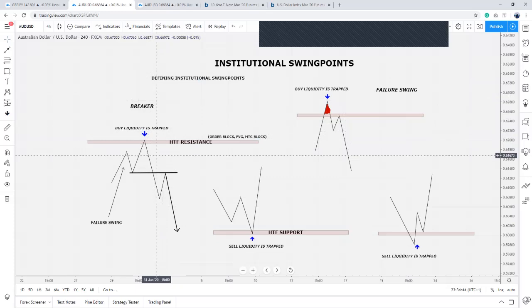So you want to see a quick reaction of that level, okay? Because the central banks are going to look to quickly reprice the market lower away from that level. Because what price is simply doing is jumping up to pair up sell side orders with buy side orders with sell side orders of the central banks, which will then shift the market down. So you're looking for that quick reaction of that level.